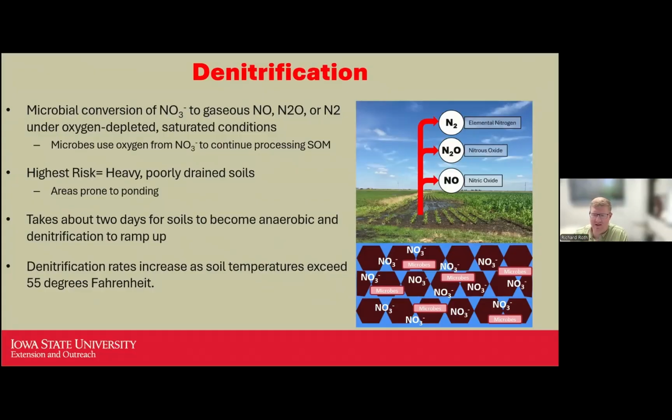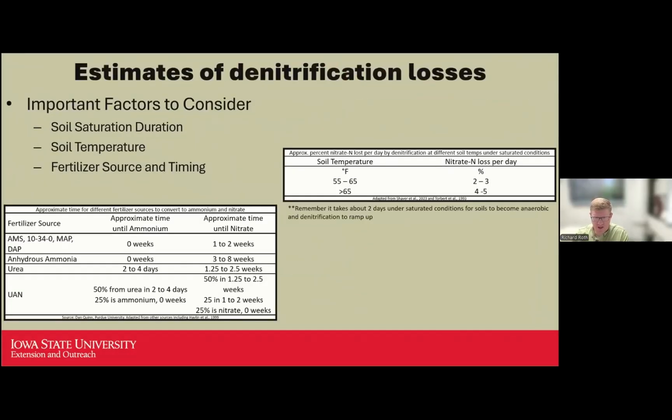To put into context how much we can lose, I want you to look at these tables that I have. Like I said, how long you're saturated is a key factor, along with the temperature of your soil and the fertilizer source that you're using. Depending on the fertilizer source, it may or may not have converted to nitrate at the time that you get saturated.